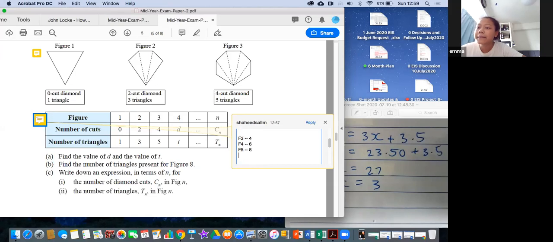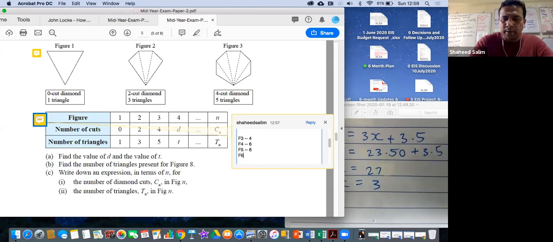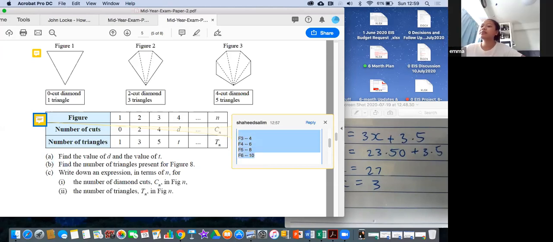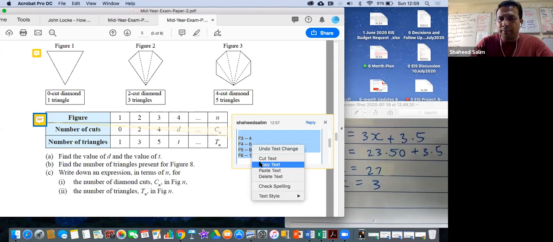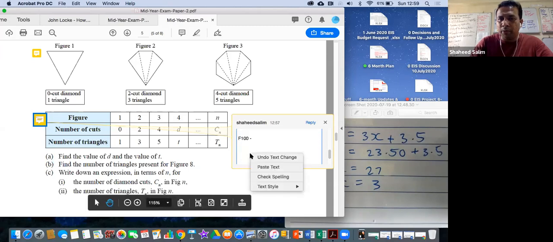Okay, now watch. F6. Is it +2 again? 10. You agree? Yes, okay. Now I'm going to copy this. I'm going to paste, but I'm going to do something now. I'm going to remove.